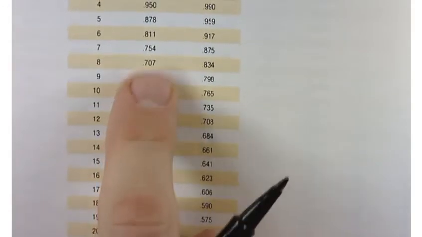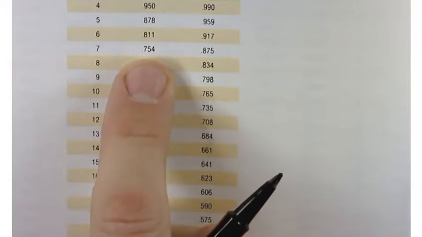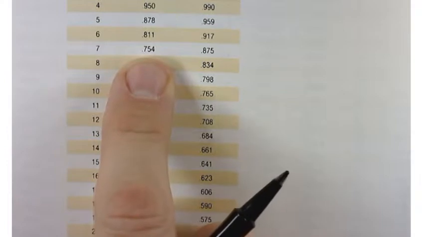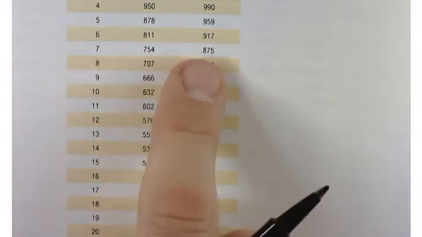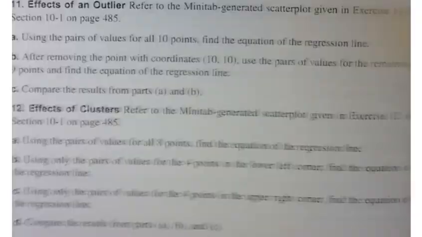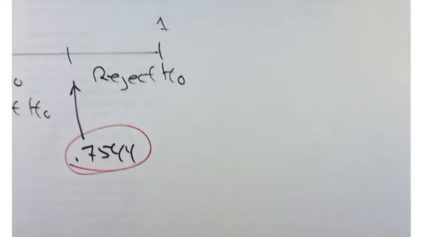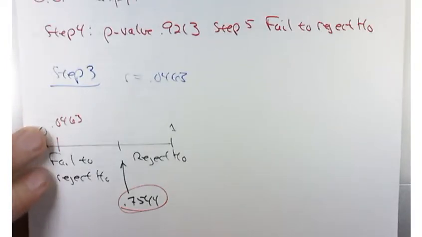So, 7 pairs at the 0.05 level gives you a critical value of 0.754. Anything above this, you reject H0. Below this, you fail to reject H0. And that value for the 0.01 level is 0.875. All right, a little bit more than what we typically need. There's nothing wrong with basing your conclusion on the p-value. In this case, there's not a significant regression.